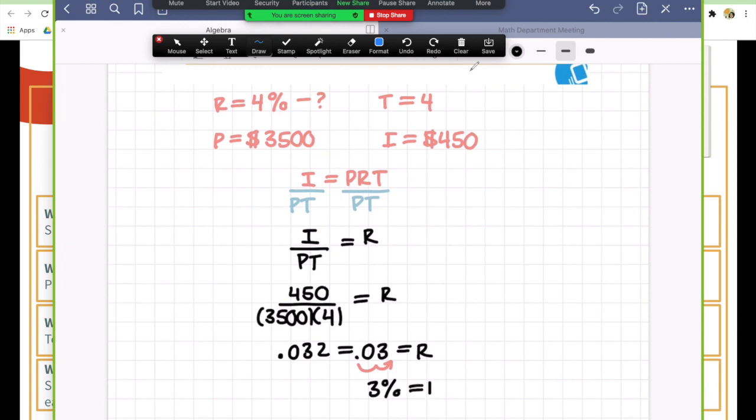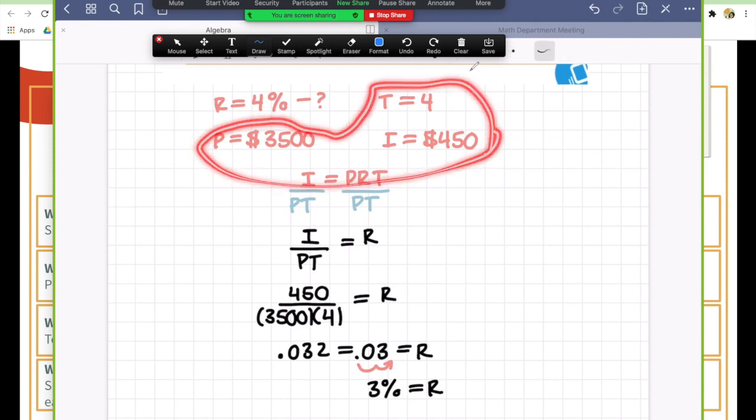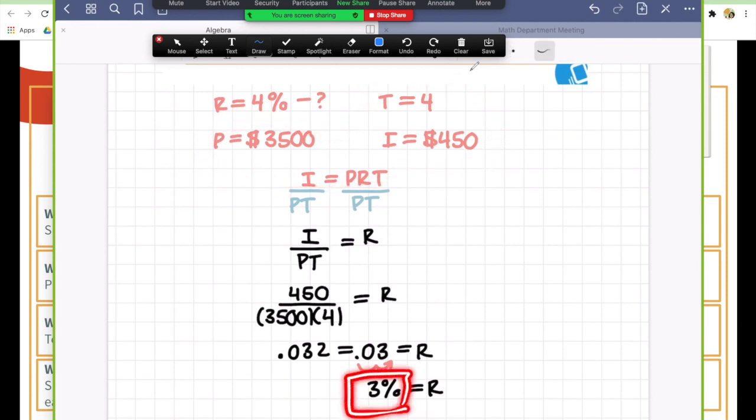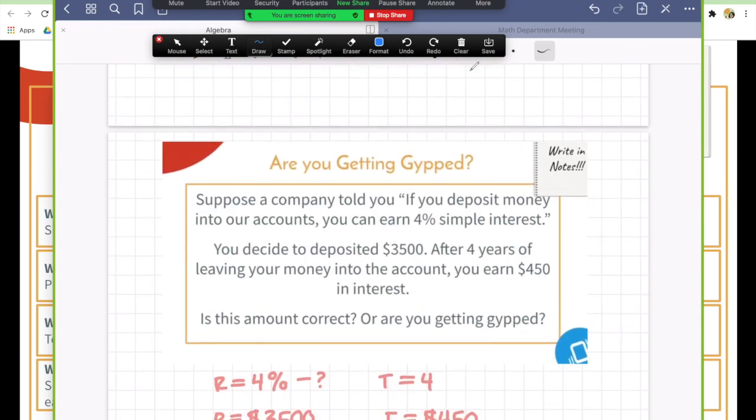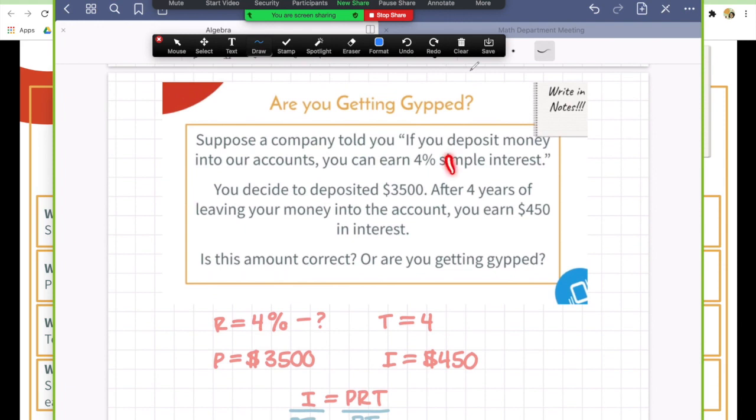So based off of the information that's provided here, I found that they're actually only giving me a 3% annual interest rate, even though they told me that they were going to give me 4% simple interest. So if they're asking us, are you getting gypped or are you getting scammed?